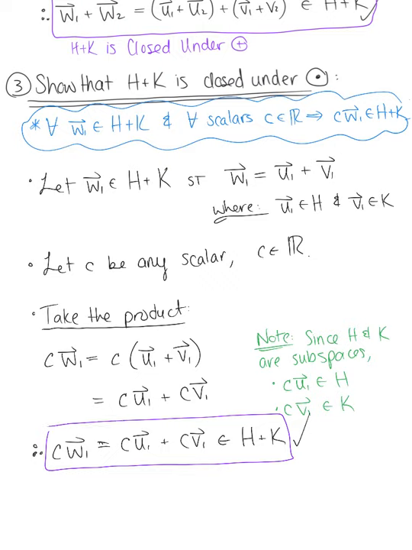So we have confirmed our third and final property, and we can say that H plus K is closed under scalar multiplication.